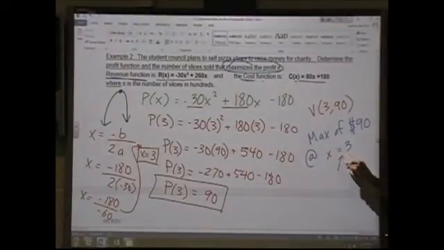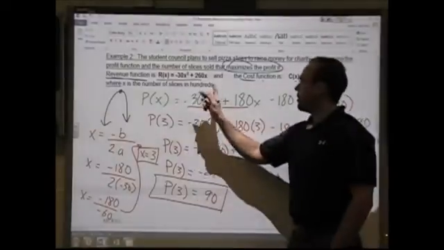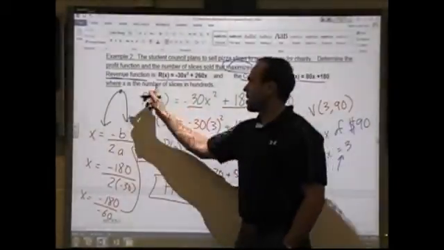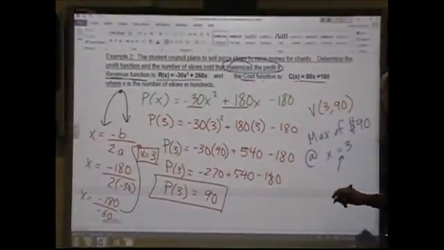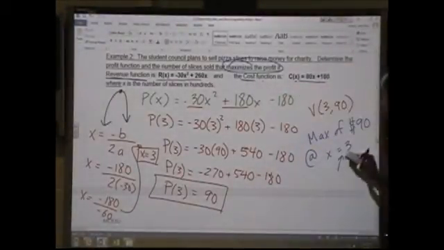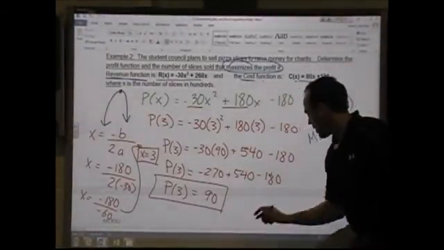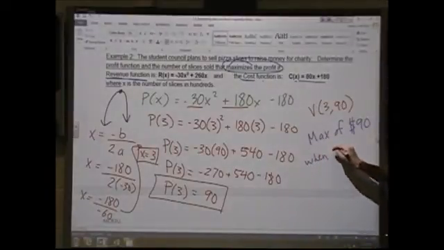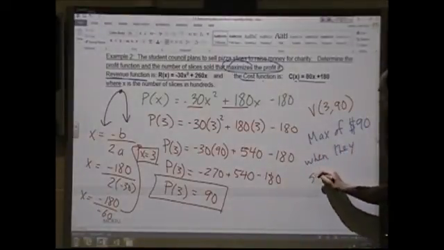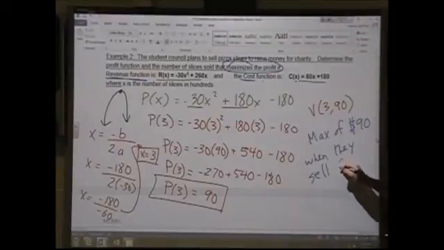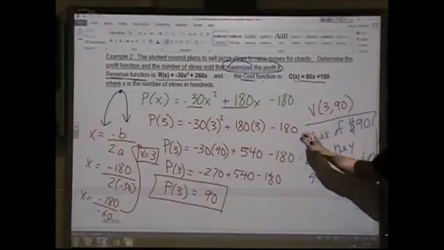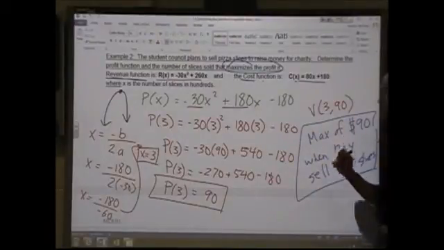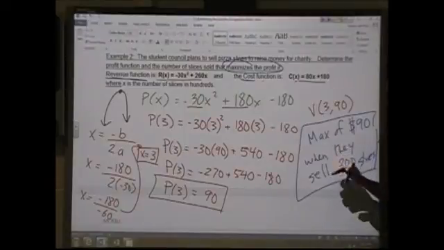But what does that mean? Remember, x is the number of slices sold in hundreds. So the maximum is $90 when they sell not 3 slices, but 300 slices. That's when x is equal to 3. So student council can make a maximum of $90, and that's when they sell exactly 300 slices.